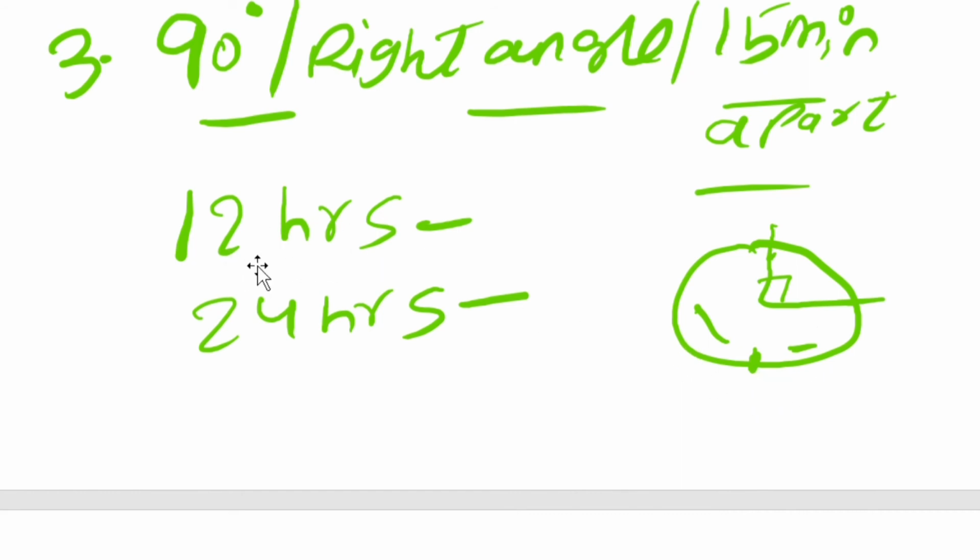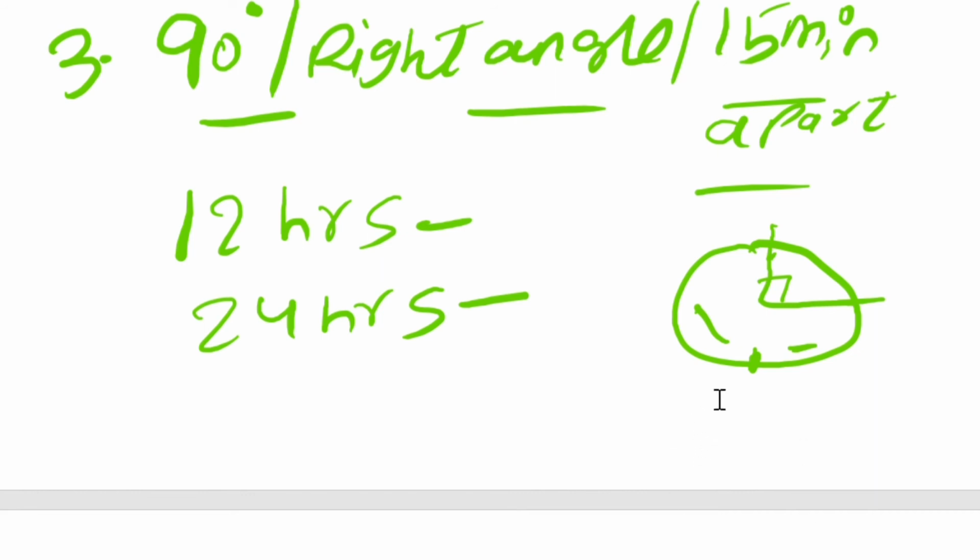So definitely in 12 hours we would get 24 times, but there is a condition actually. That condition is that between 2 to 4 and 8 to 10, they will form a right angle only one time.